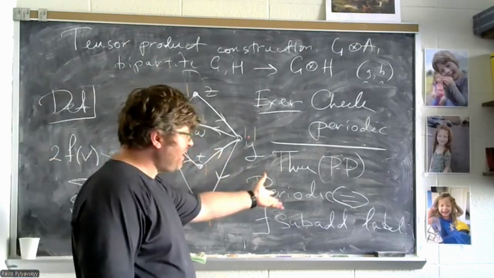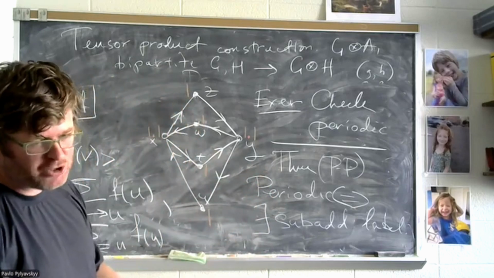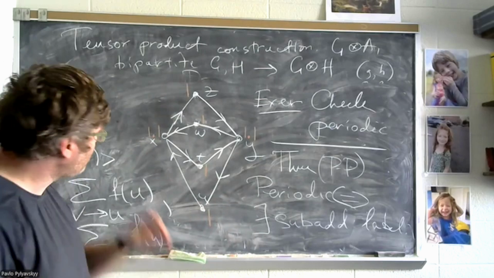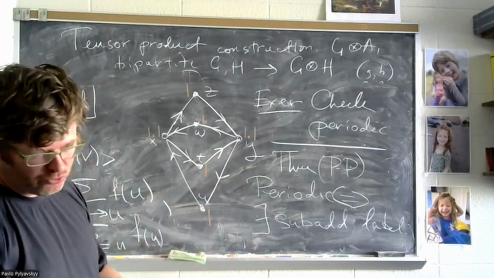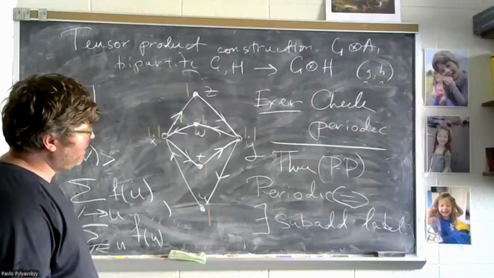Turns out the theory is essentially the same, but now, of course, the question is, what are those things? Which graphs do have subadditive labeling? So here's a trick we need to do. I'm starting to run out of time.